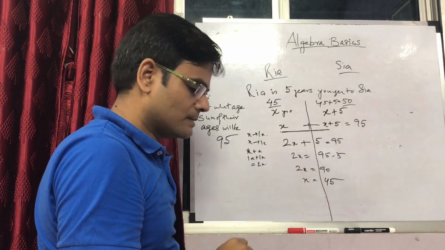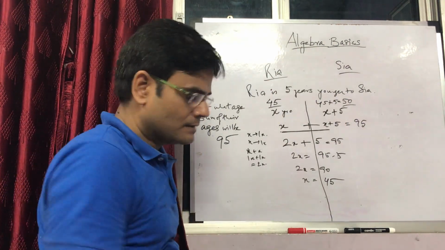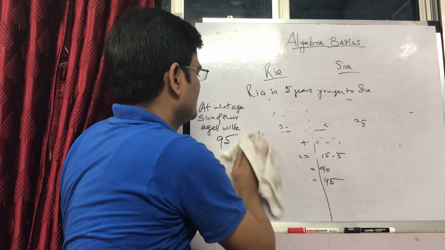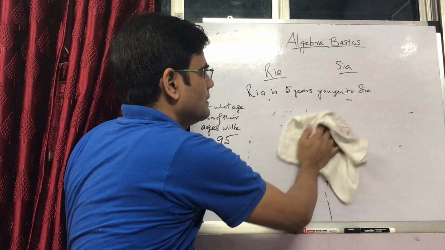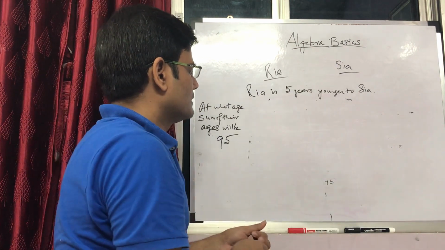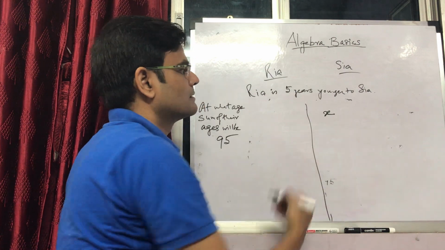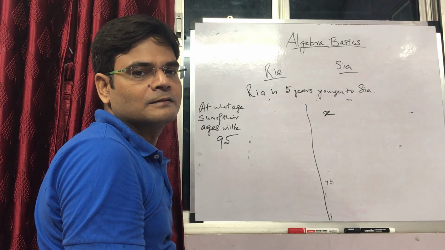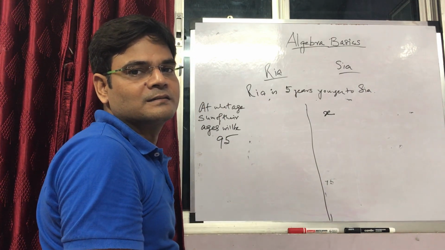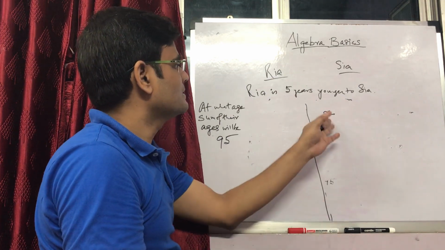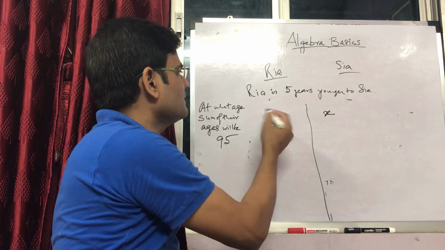Another way to solve this problem. Somebody decided, no, let me take Sia as x. Okay, then what is Ria? If Sia is x years, Ria is 5 years younger.